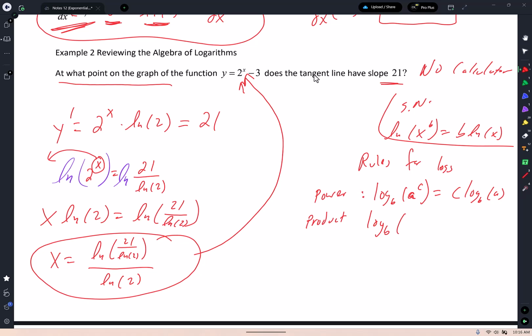Log base b of ac is equal to log base b of a plus log base b of c. And then quotient: log base b of a over c, as long as c is not 0, is log base b of a minus log base b of c.